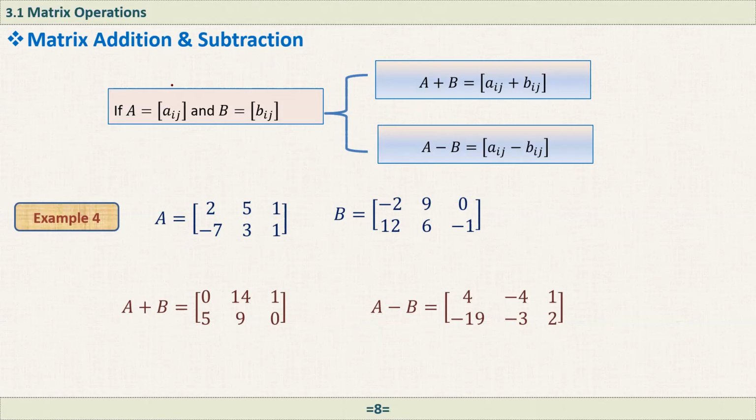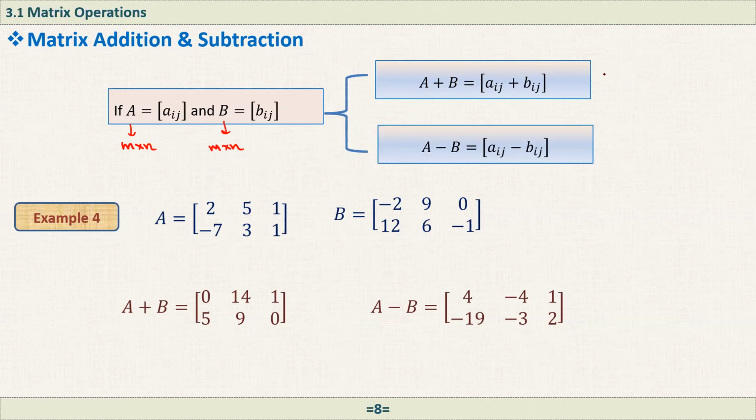As you see here, we have matrix A, Aij, and matrix B, Bij, and A plus B is Aij plus Bij. If A is an M by N matrix, then B must also be an M by N matrix. Otherwise, this addition is not defined if two matrices have different sizes.